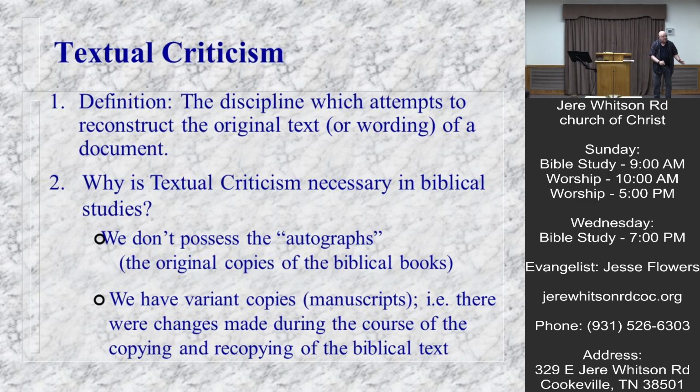The more copies that you have, the more manuscripts that you have, and how many did we say we have just of the New Testament? 5,800, and there's probably more now, okay? And that doesn't account translations, which gets it up to 12,000 plus.